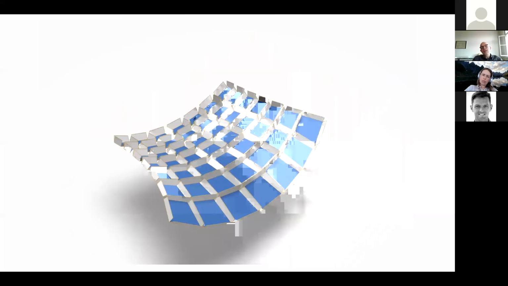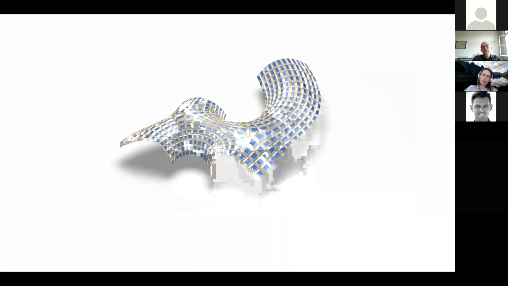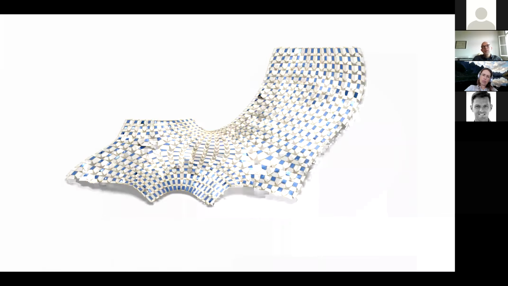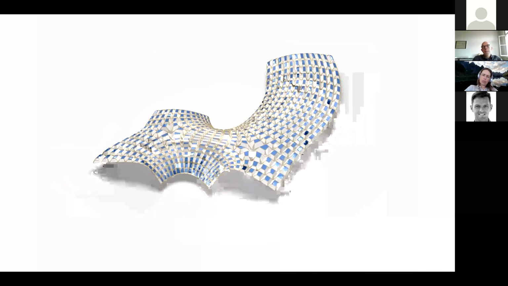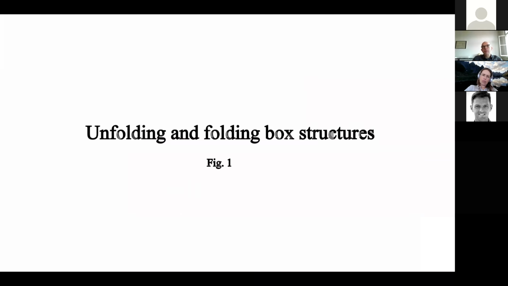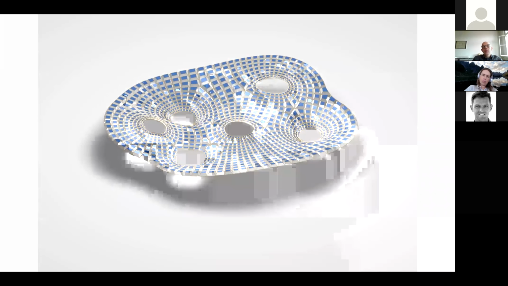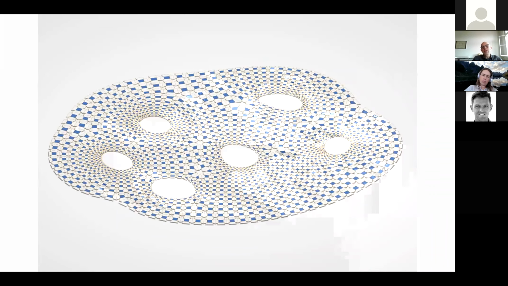Here the blue faces form an unbroken surface. This is some architectural design. This one too, it shows that you can have a non-trivial topology.